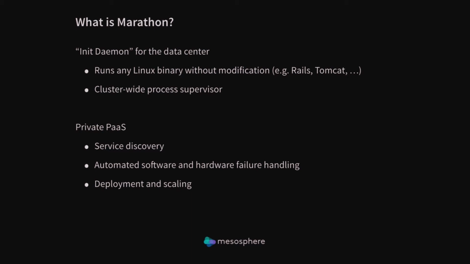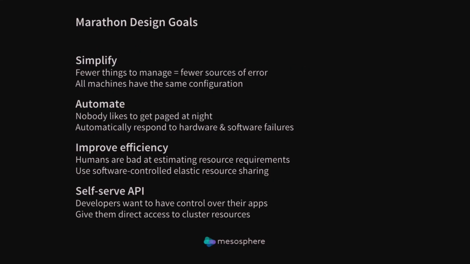So some of the design goals we had for Marathon were this. I talked about earlier, what are the problems with VM-based data centers? They're very complex and limited, not developer-friendly. How can we solve those problems? And so our goals were, let's really simplify this. We don't want to maintain all these different configurations, all these different recipes for all the different apps.